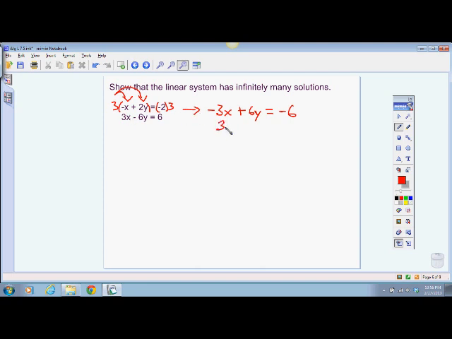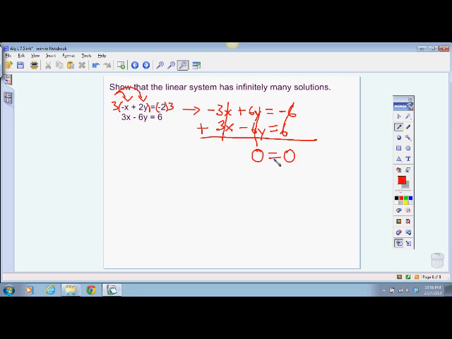And then we're going to combine that with our other equation, and look what happens. This is the linear combination method. My 3x's cancel out, my positive 6y and negative 6y cancel out, even everything over here cancels out. Basically, we're left with 0 equals 0.